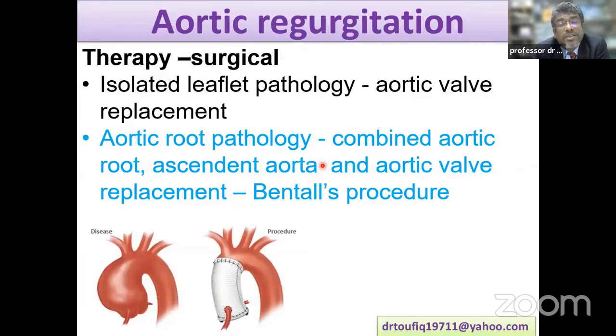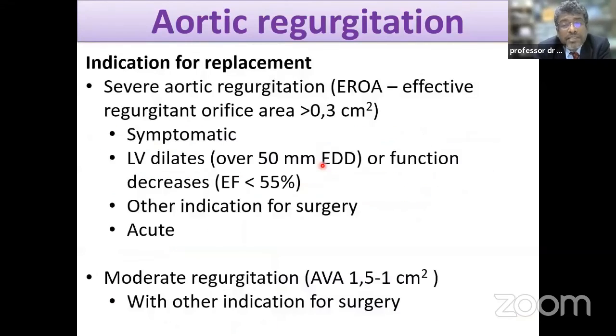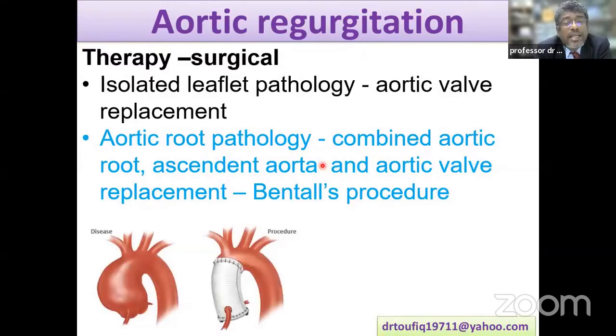And what is the management? If there is only aortic regurgitation and the patient is symptomatic and has grade 3 or grade 4 aortic regurgitation, in that case aortic valve replacement is the only answer. But if the patient has aortic regurgitation as well as aortic root dilatation, then aortic valve replacement along with artificial aortic root replacement can be done.